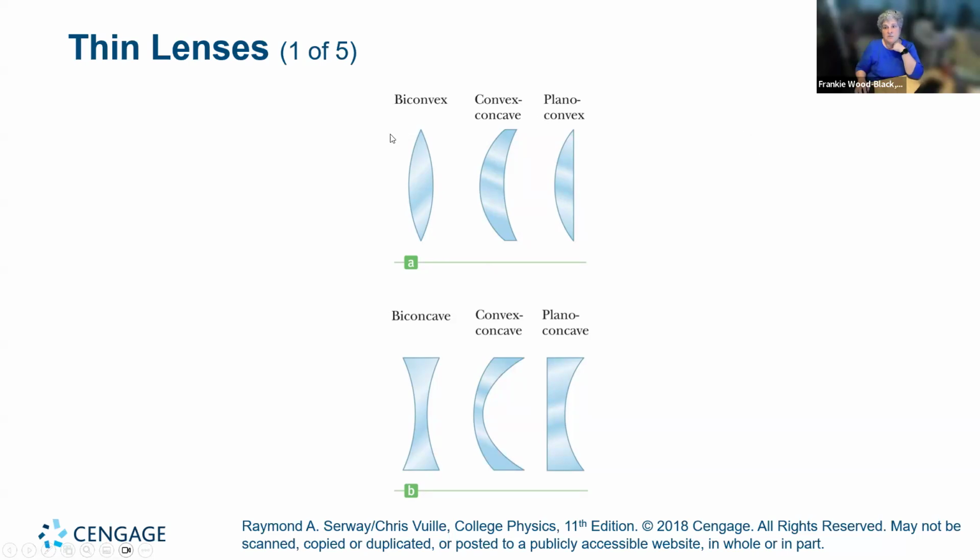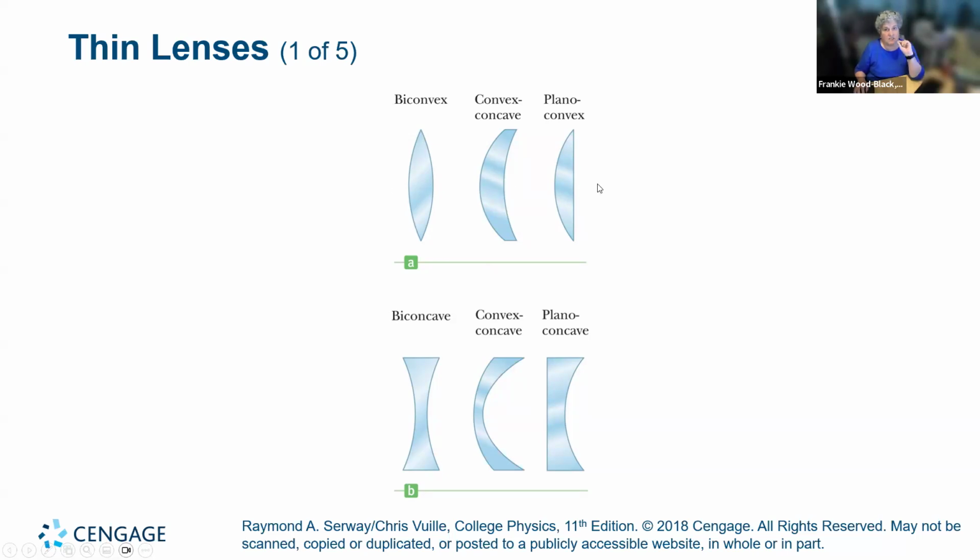These lenses in the top category we call biconvex, where we have the curve here and the curve here. We have a biconvex, a convex concave here, and then a plano convex. These are all going to be converging lenses.